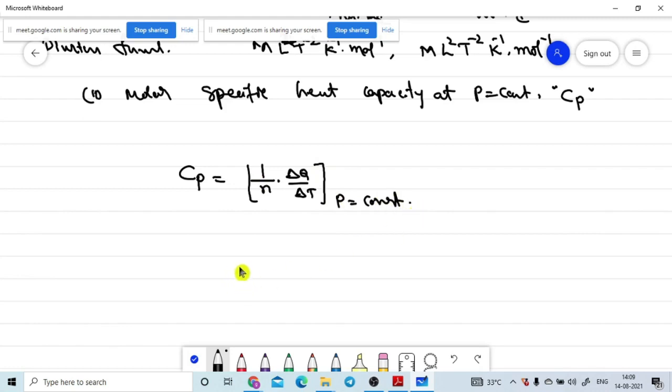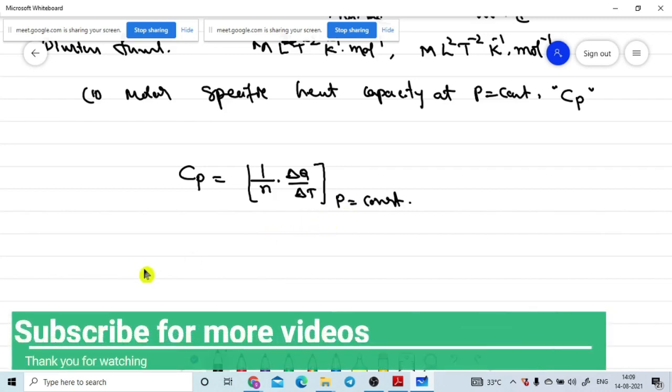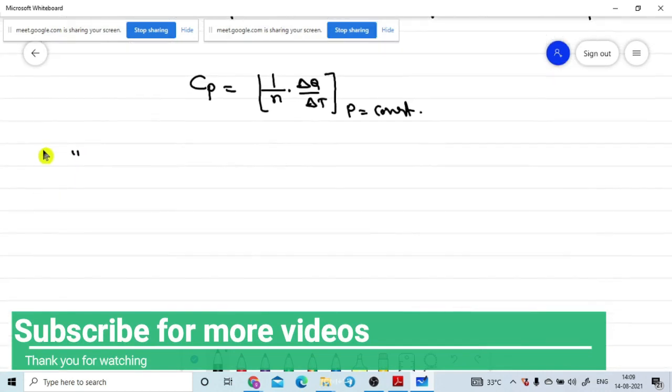How can we define this? It is the amount of heat required to raise 1 mole of substance by unit temperature at constant pressure. Are you getting it? Yes, sir. So let me write the first definition; the second I won't write.